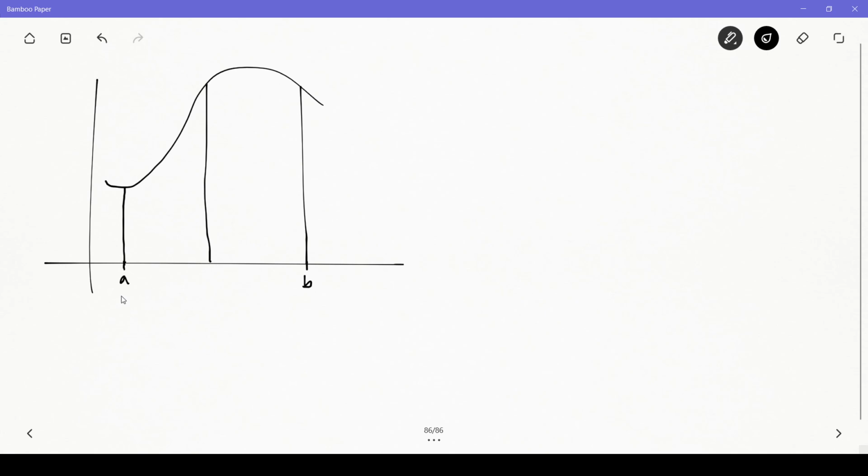Now we will perform the single segment Simpson's 1 by 3 rule on this segment and on this segment separately. Then we'll add them up together, and this addition is my approximation of the area under the curve. Let's see how we can do that. We know that for applying the Simpson's 1 by 3 rule, we need to find the midpoint.